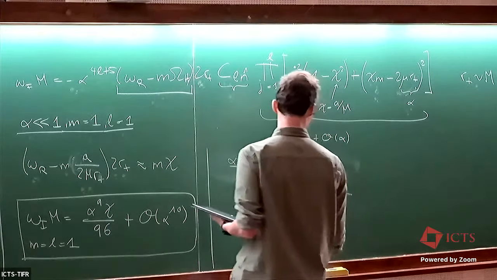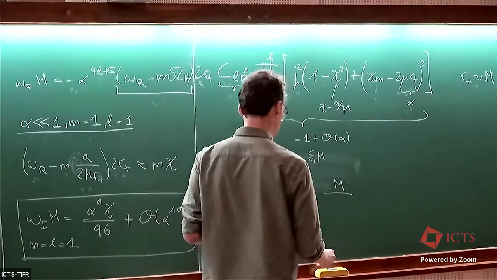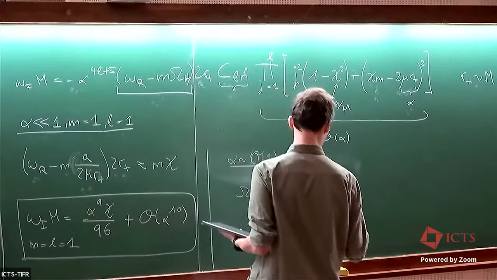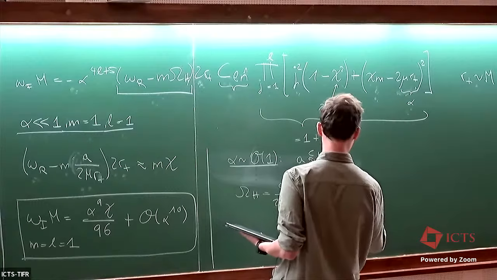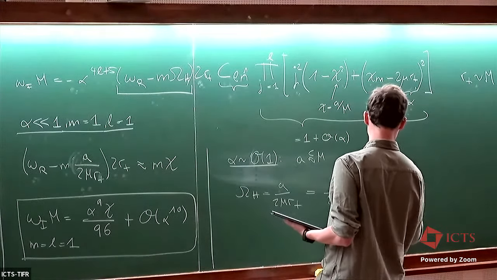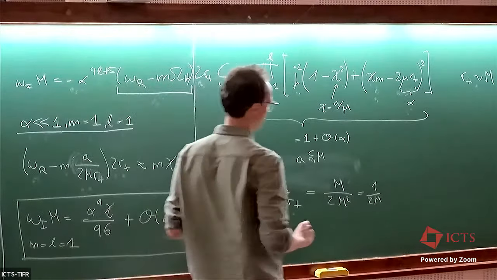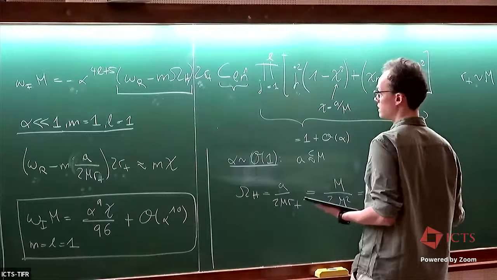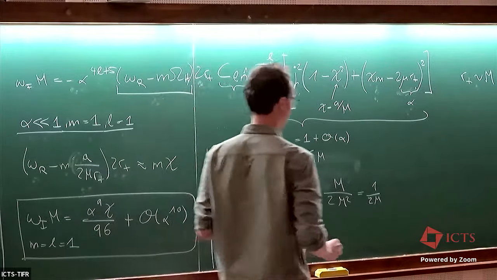Okay. Then the r plus for a nearly extremal black hole is again just m. And so we end up with 2 over m squared, or 1 over 2m. And so what we can do to understand this term now is to pull out the m from this r plus. Okay, so I can combine this.